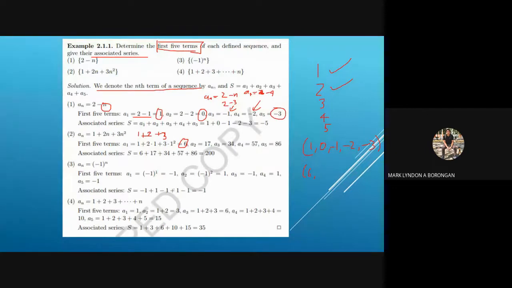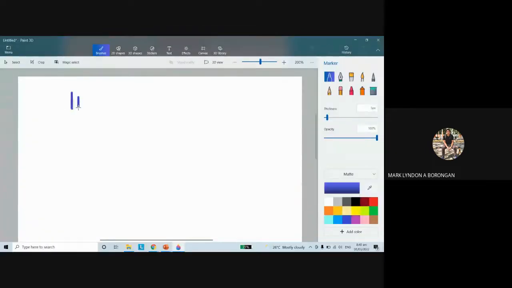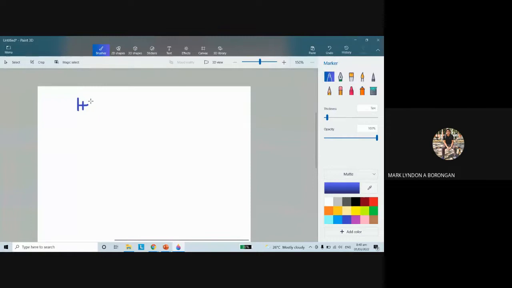Okay, so we have 1 plus 2n plus 3n squared. We are asked to find the second term. So that will be 1 plus 2 times 2 plus 3 times 2 squared. That is all. Okay?